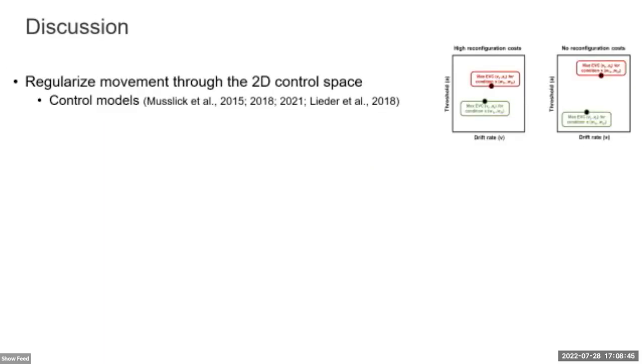Okay, so across these two experiments, what we seem to be finding are these reconfiguration costs on adjustments within a single task. And we believe that these reconfiguration costs can serve the purpose of regularizing the movement through this abstract 2D space of potential control signals that you could be employing.